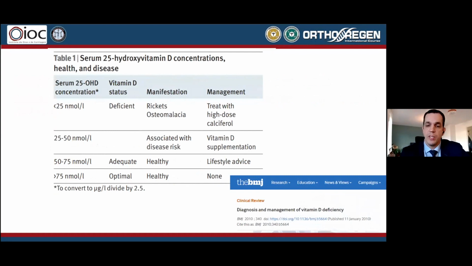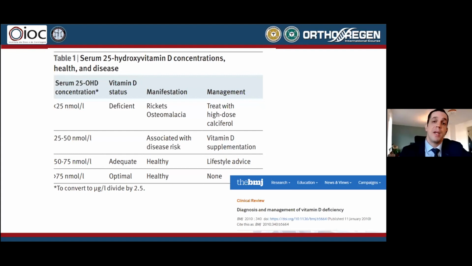This article, published in the British Medical Journal, shows that vitamin D deficiency is very common nowadays, and we should try to reach optimal levels of vitamin D, which in this table you can see is higher than 75 nanomoles per liter.